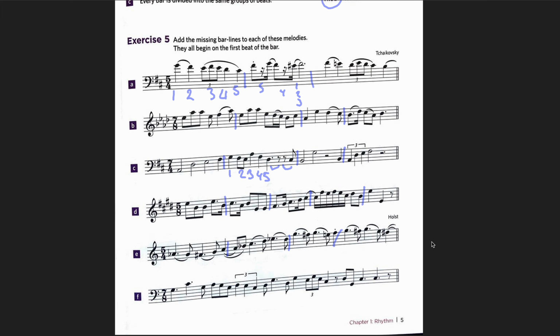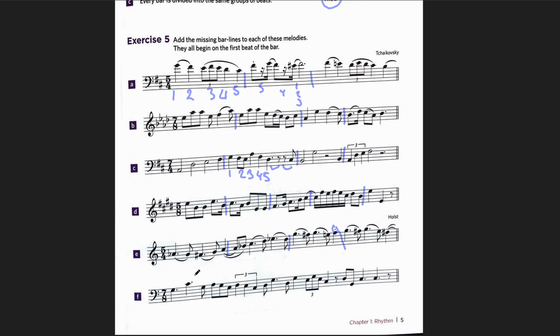Oh no, that is a bit of an accident. It should be there. This is a staccato, this is not a minim. Then 1, 2, 3, 4, 5. That's fine. Okay. 7/8.